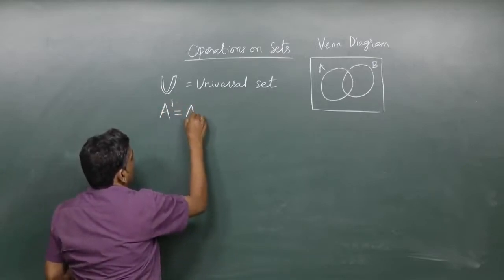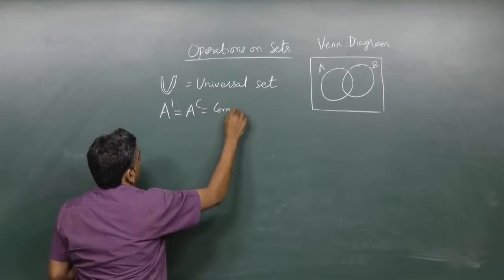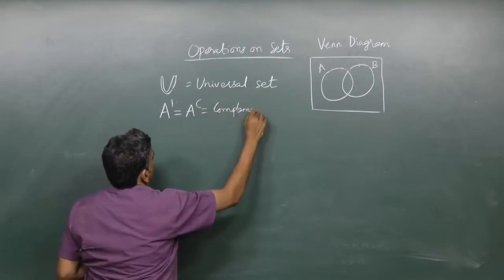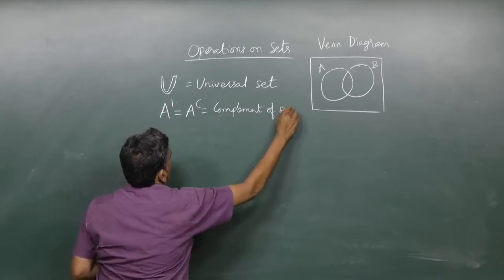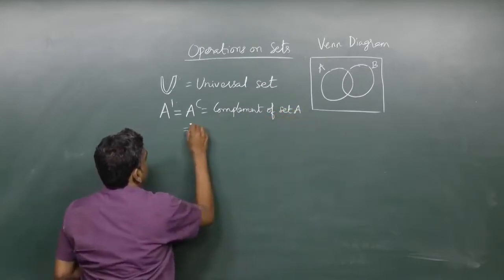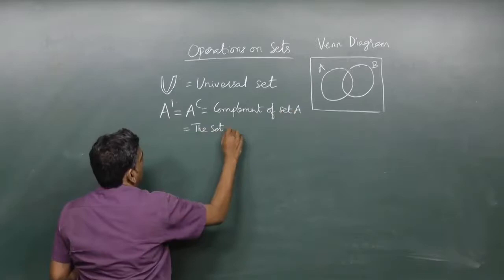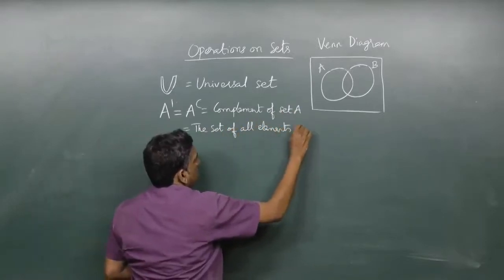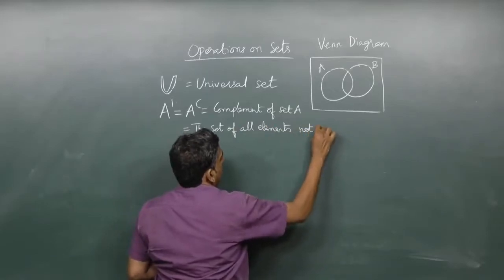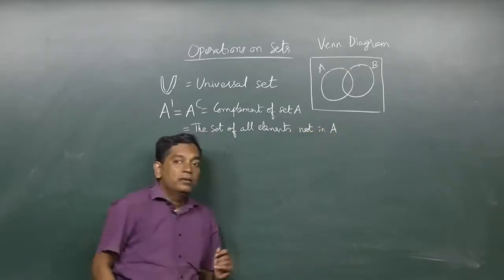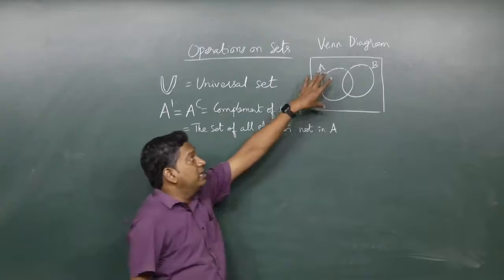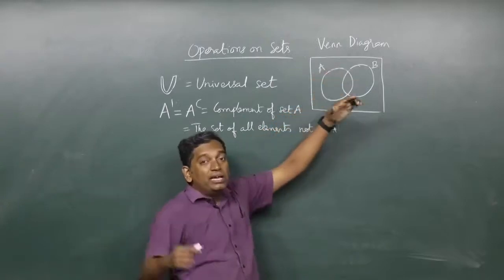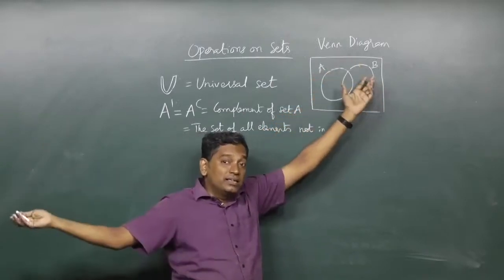A complement, the complement of set A, is the set of all elements not in A. But if we just said not in A, it could mean anything.